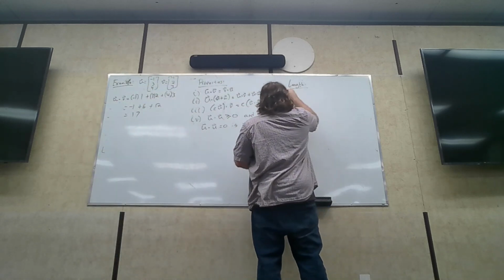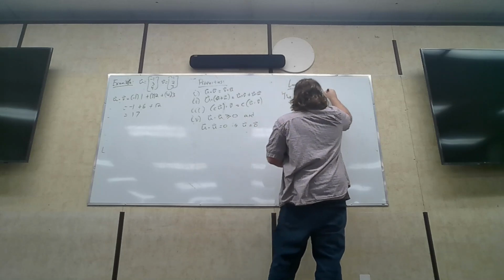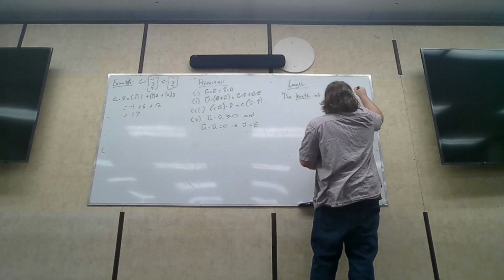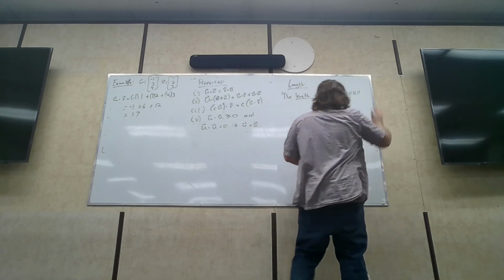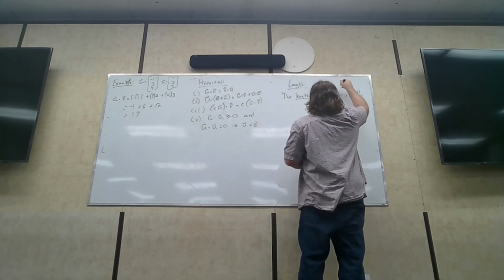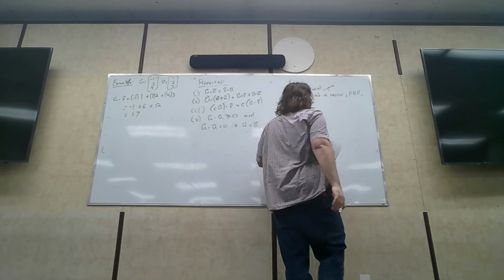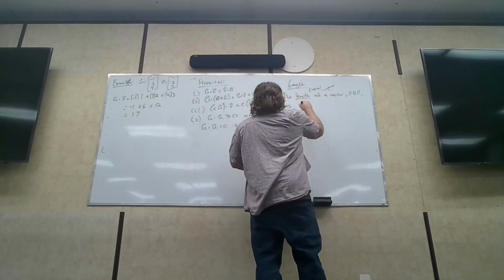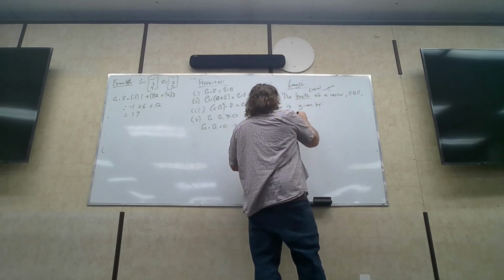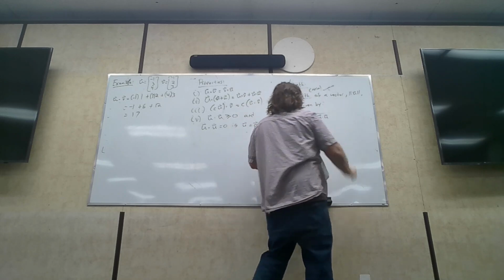So the length of a vector, which we denote with these double lines like that, we also call it the norm sometimes, is given by the square root of u dot u.